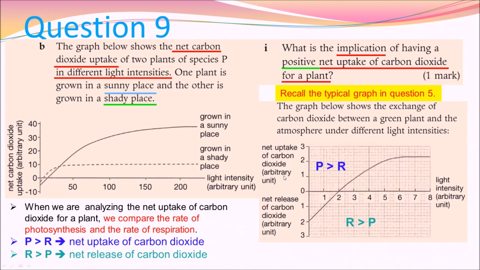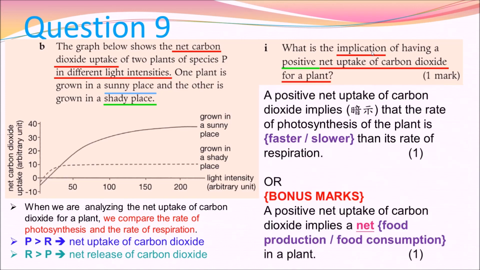So for this very typical question, what is the implication? What's the meaning behind of having a positive net uptake of carbon dioxide for a plant? We recall the concept we learned in the graph.